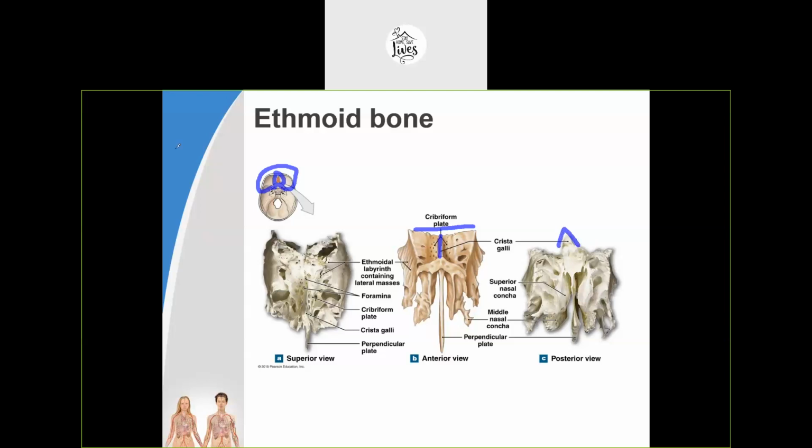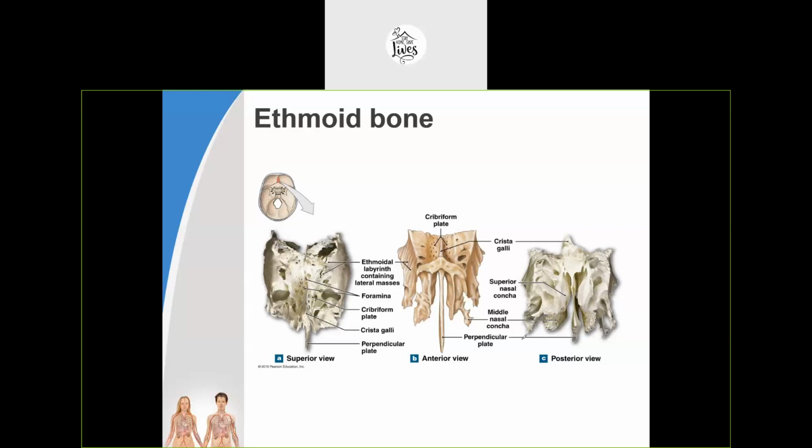As for the perpendicular plate of the ethmoid bone, it projects inferiorly in the medial plane, and it forms the superior part of the nasal septum.